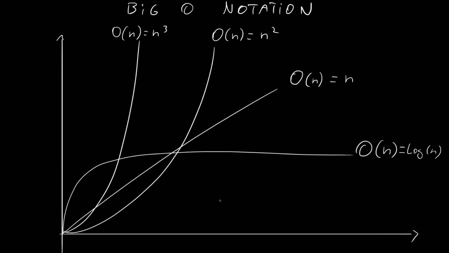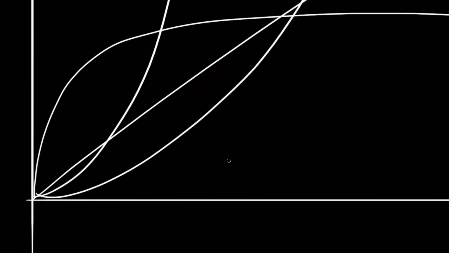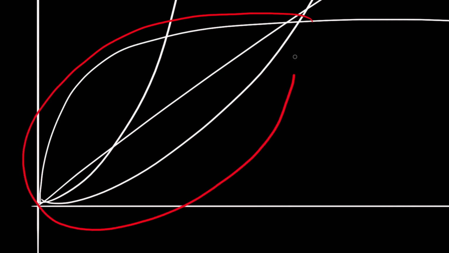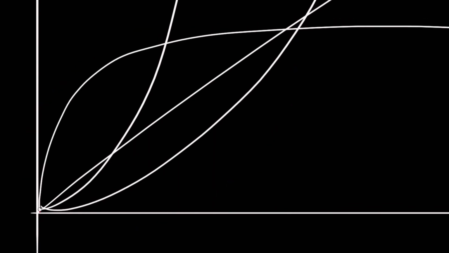Now I want you to pay attention to a couple things here. First of all, we have this area here, right? You can see that, for instance, here the logarithm, in this whole area, it actually has a higher complexity than the others.